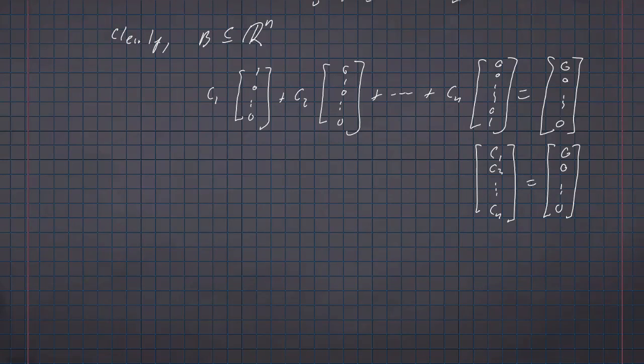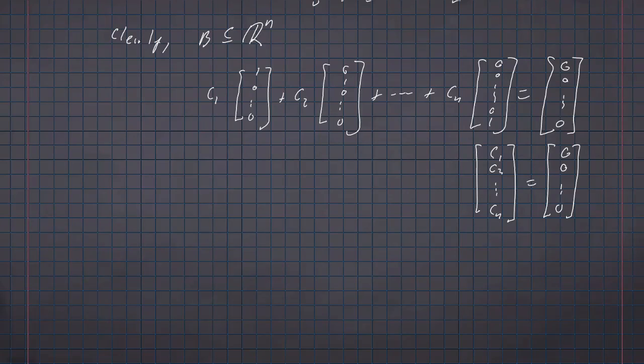Sorry about that, my computer hiccuped a little. We have the linear combination equals the 0 vector. Using properties of the Euclidean vectors, we know that that means that the vector C1, C2 down through Cn is equal to the 0 vector.